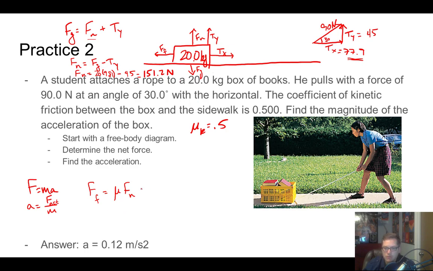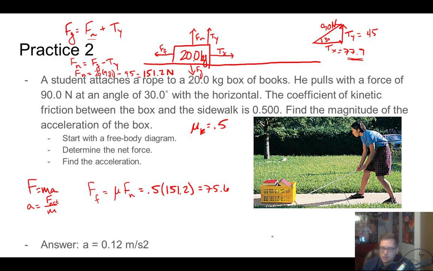So that means our force of friction is equal to 0.5 times 151.2. All right, we're getting close. So times 0.5, and that's 75.6. All right. So let's redraw our box diagram real quick, our free body diagram, just so we can all make sure we're on the same page. I'll do it over here.